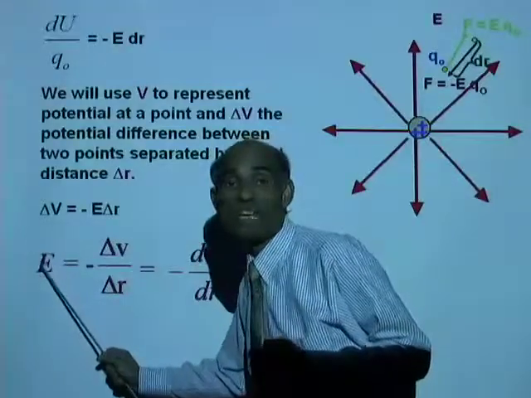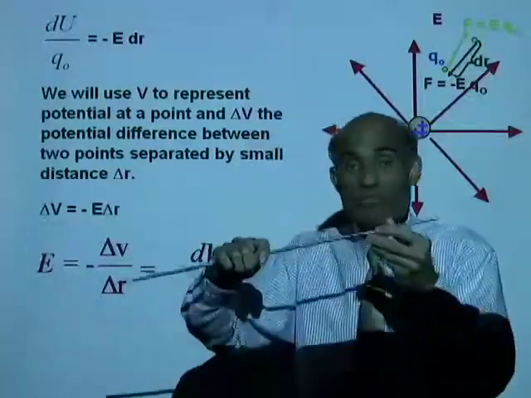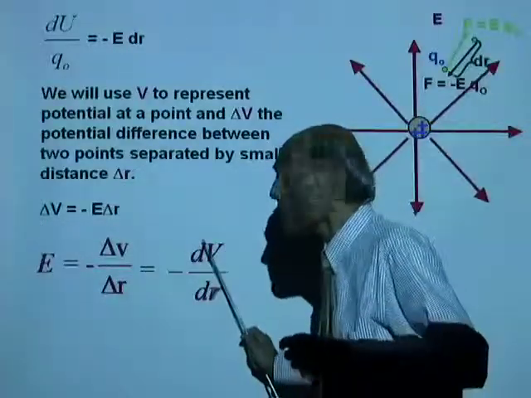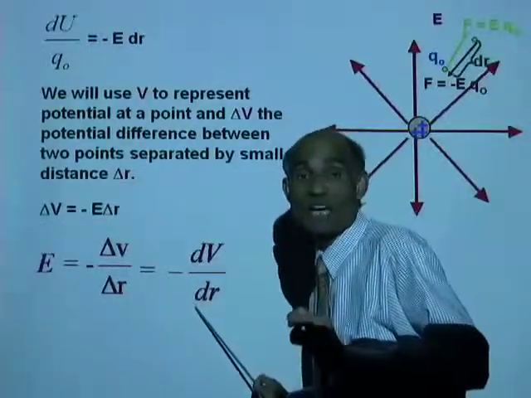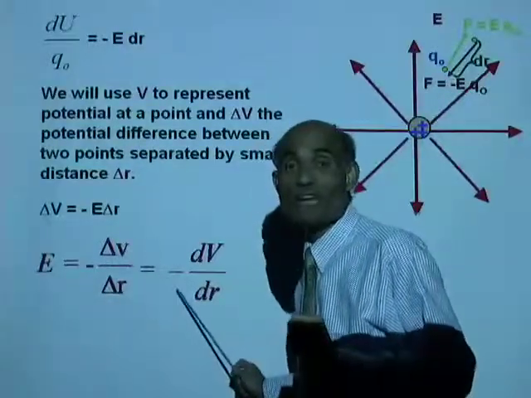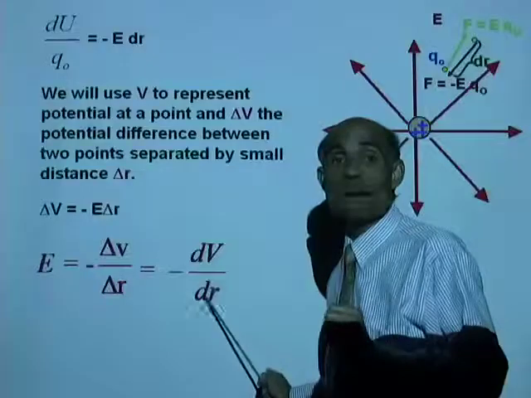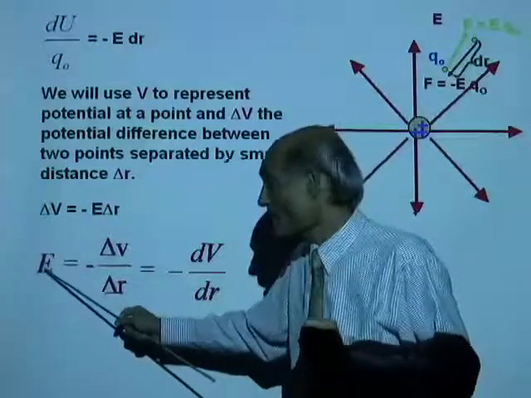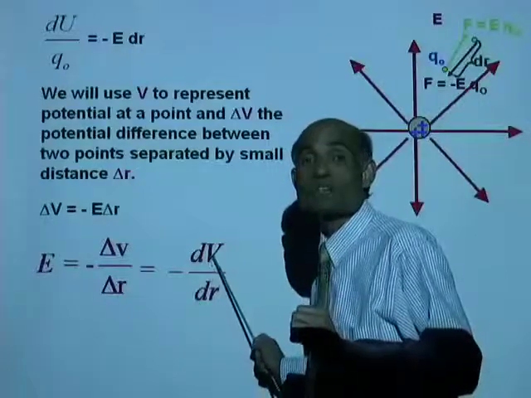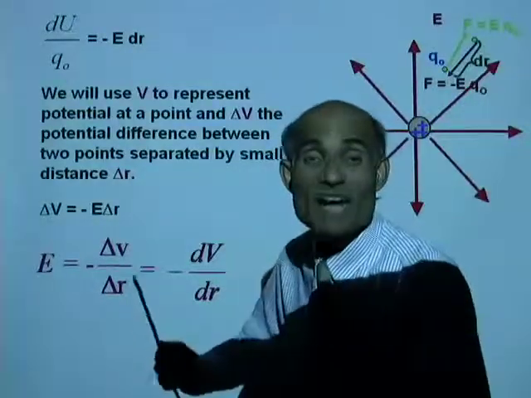Electric field in the x direction, E sub x, will be negative of dV by dx. Electric field in the y direction will be negative of dV by dy. Electric field in the z direction will be negative dV by dz, and so on.